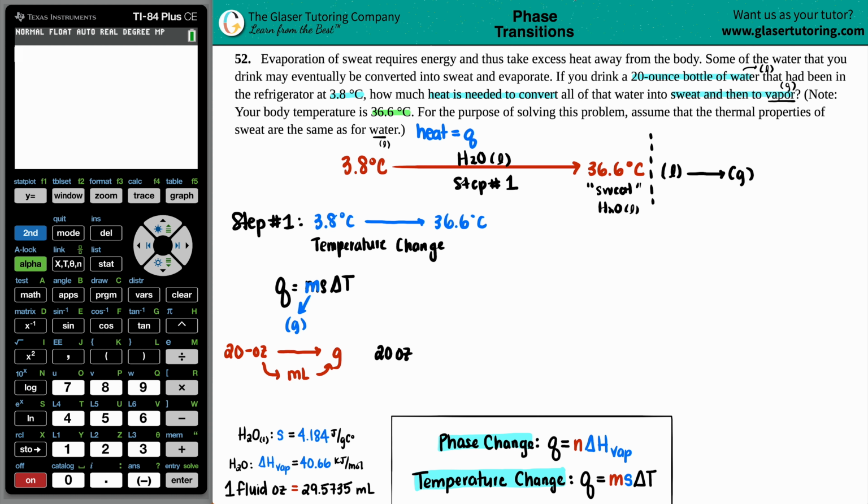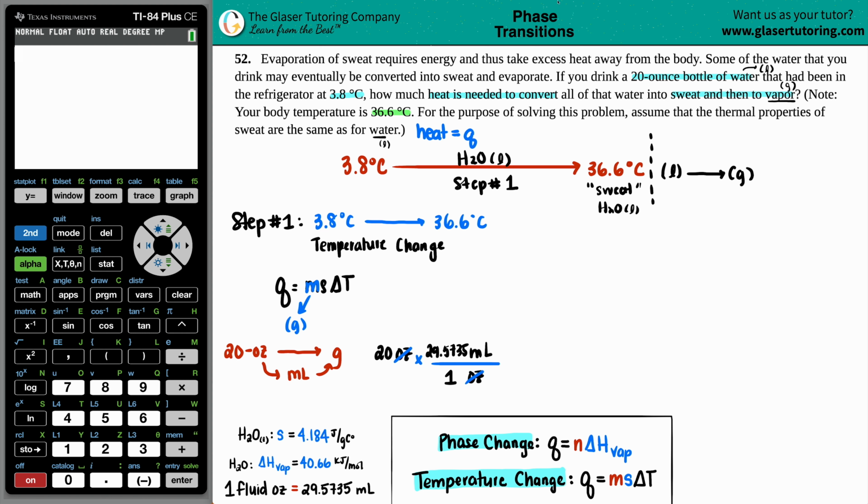If we're doing dimensional analysis, we times by a ratio. Put the unit that we don't want on the bottom. Ounces go on the bottom, milliliters goes on top, and the conversion is 1 ounce equals 29.5735. Ounces cancel out. We're left with mils.